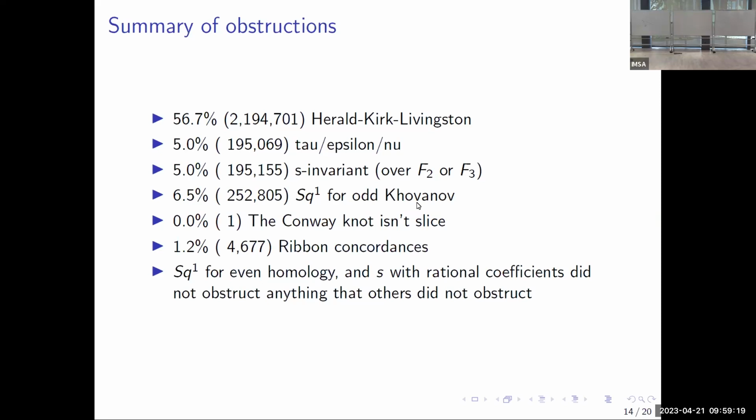And then there are about 4,000 where we found they were ribbon concordant to something which was then obstructed, mostly things ribbon concordant to the Conway knot.